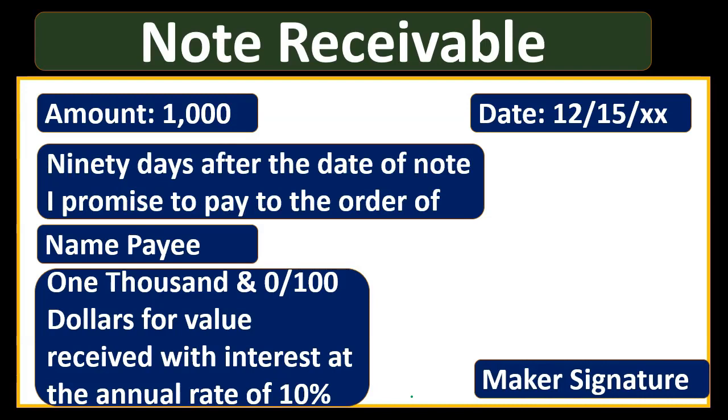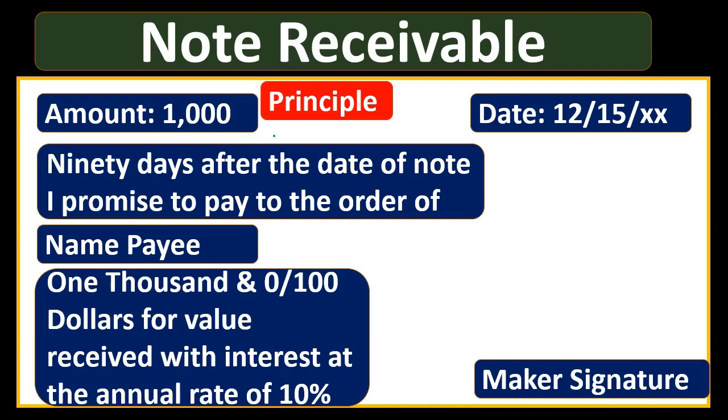So if we go through the terminology of this one more time, we can see that the amount here is going to be the principal. So when we consider the amount of a note, we typically consider two components of it. When we get paid at the end of the time period, we're going to receive the original principal, and that's what we gave the customer in value.